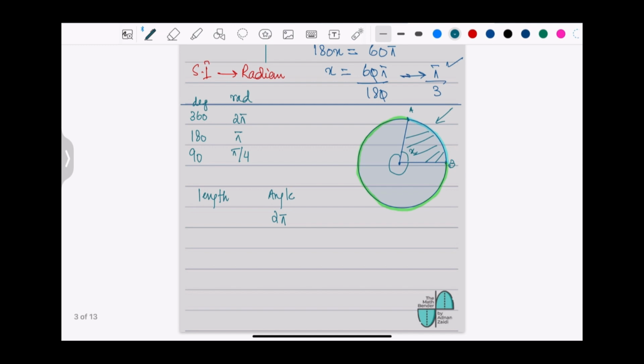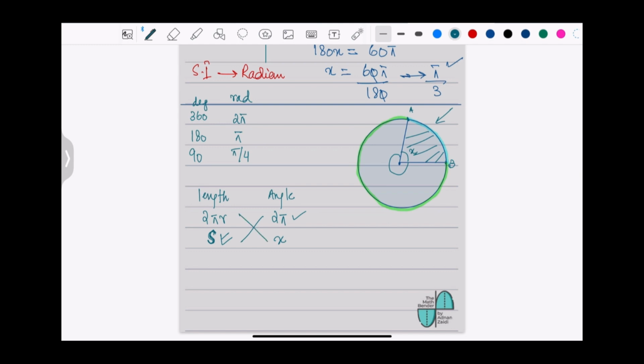So the length is 2 pi r for a full circle, the whole circumference, when the angle is 2 pi radian. And if the angle is now x, what is going to be the length? Let's call it s. We don't know what that is. We need to find this out.